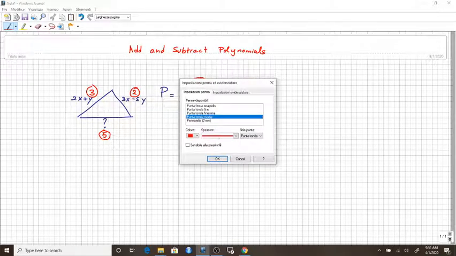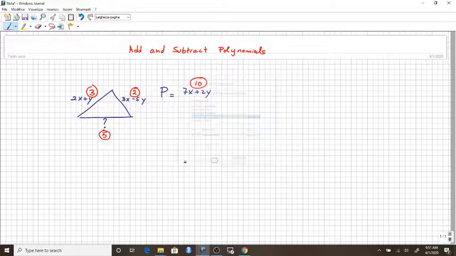Yes, we can. Instead of adding up numbers, we start by adding up these two sides and then subtract from 7x plus 2y.